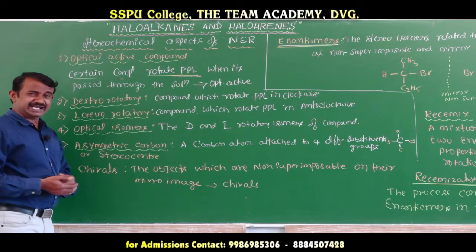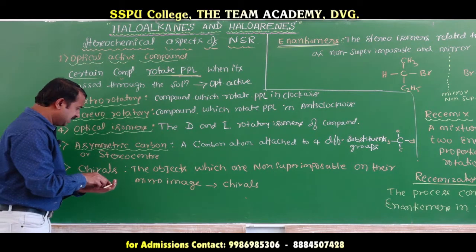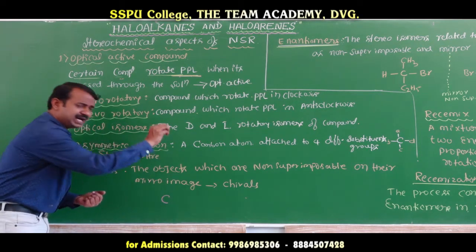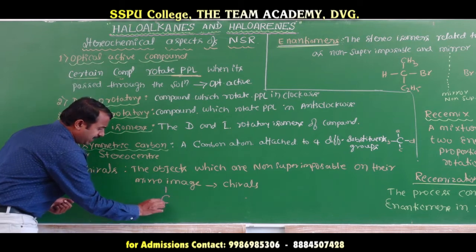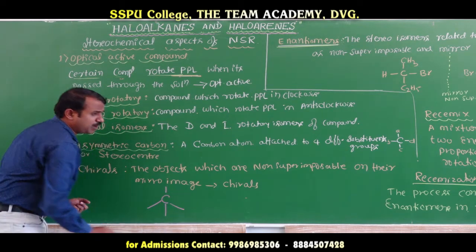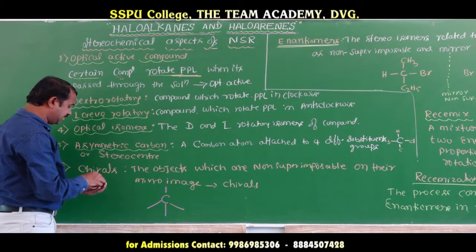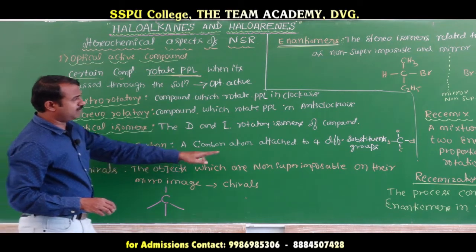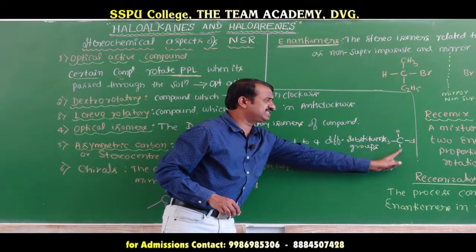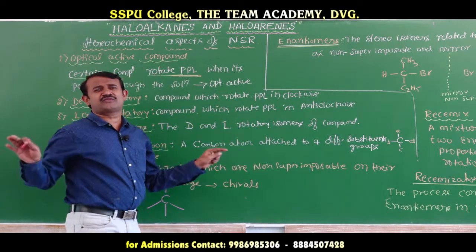Next, asymmetric carbon. Asymmetric carbon means a carbon atom attached to 4 different functional groups or atoms: A, B, C, D are all different.